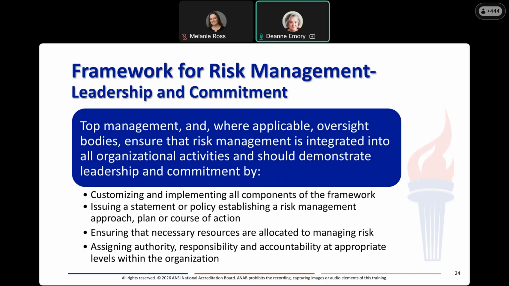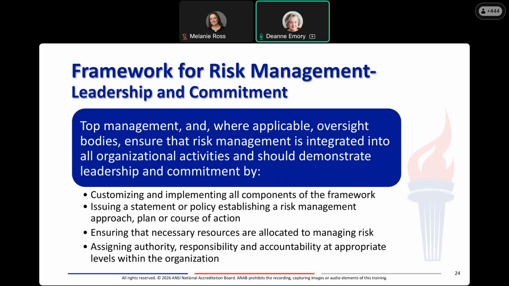For example, in ISO 17025 and ISO 17043, the requirement to review the results of risk identification is one of the inputs to the management review. Top management has to be involved in the discussion of the results of risk identification.